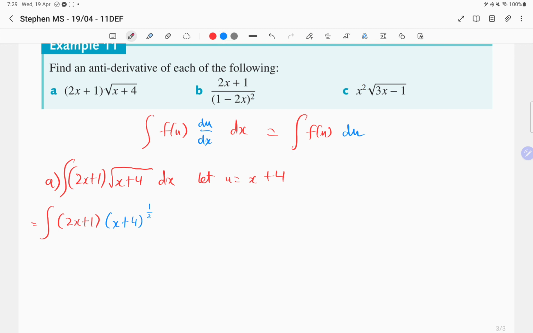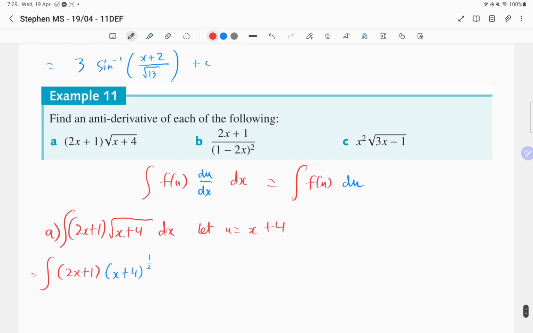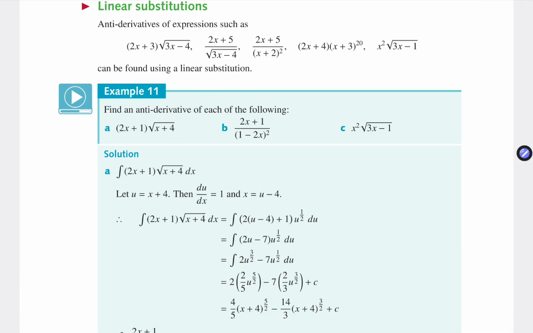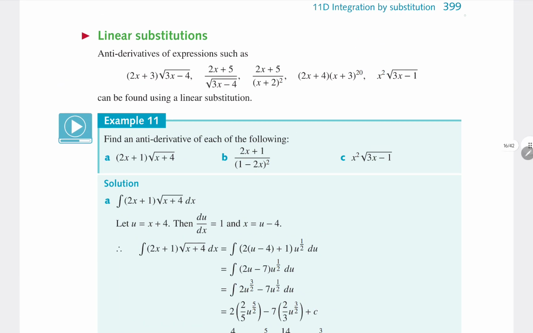Note that the format of these questions is always products of powers of linear equations. So that's a linear equation raised to some power and then product with another linear.